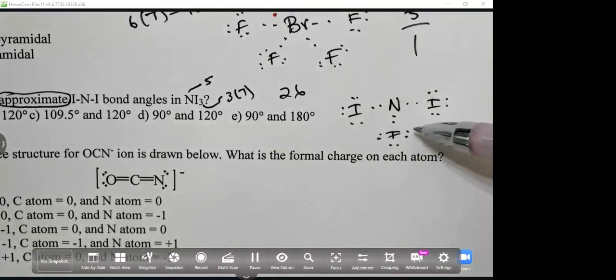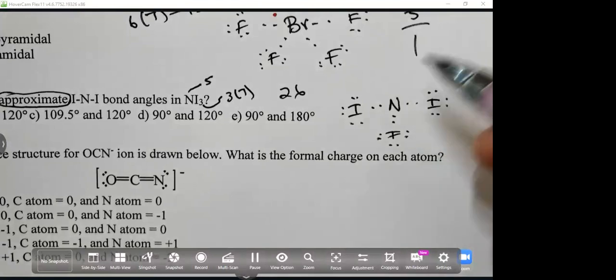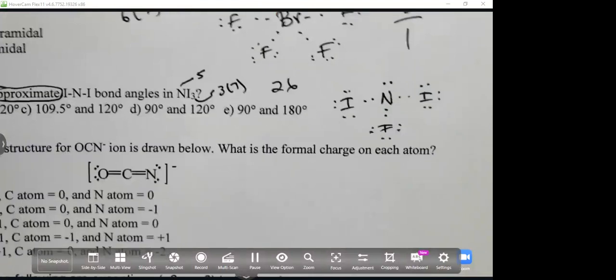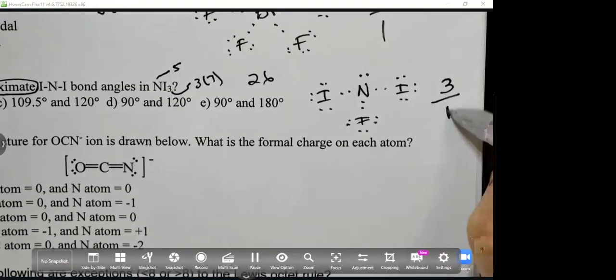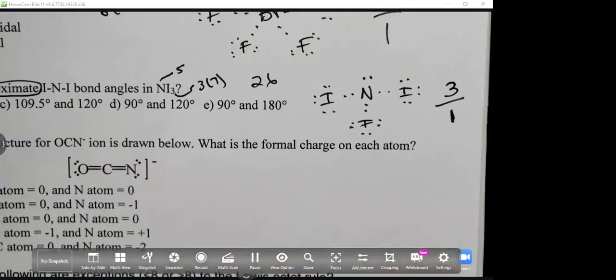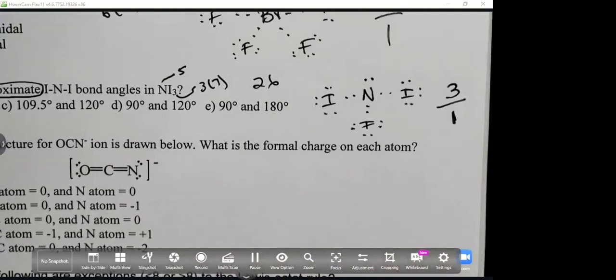That gives us 24. So we got to put 2 there now. So our bond angles are going to be for a 3-1, but notice the word approximate. So whatever we get for bond angles for a 3-1, approximately, closest one for a 3-1.